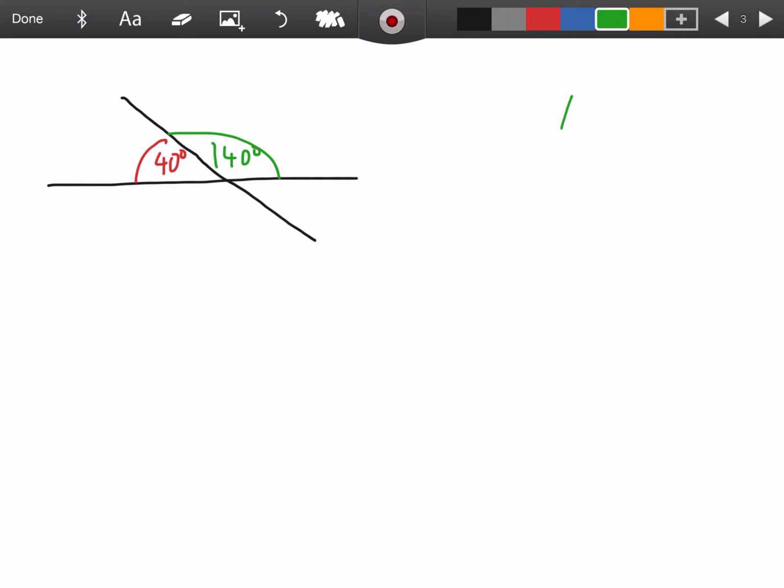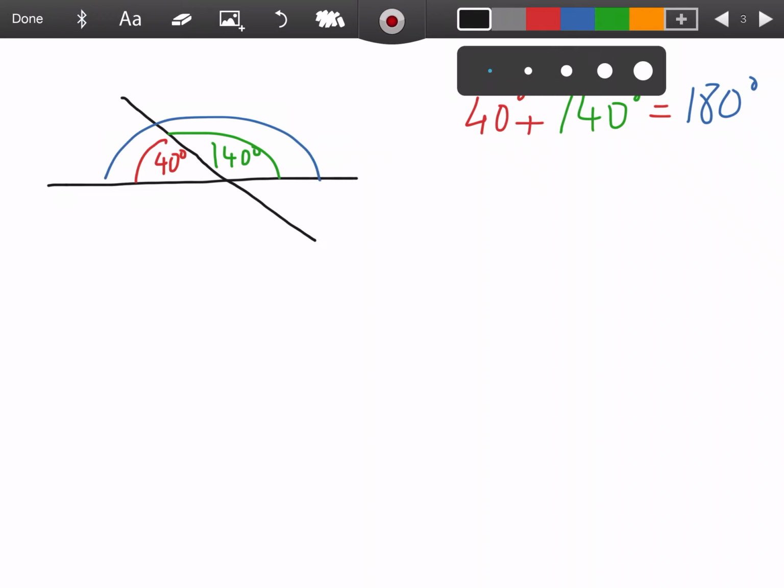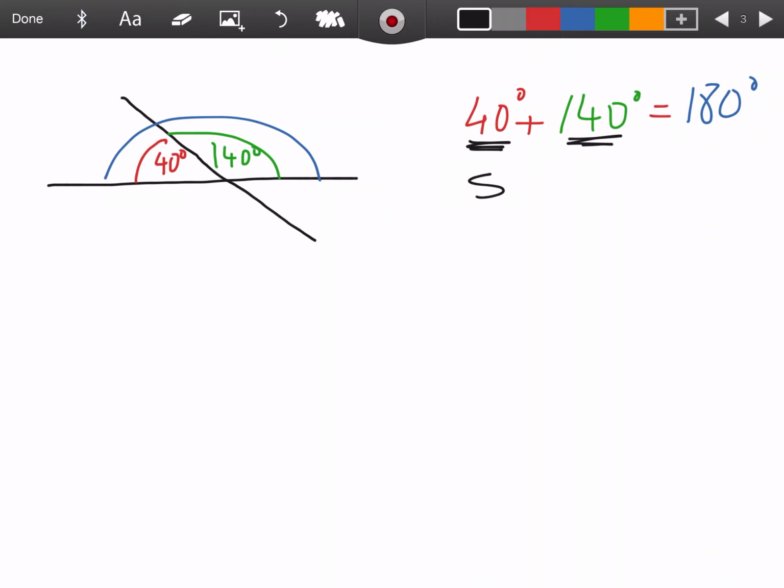And you guys know that 140 plus the red 40 would come together to give us 180 degrees. We would say that they are supplementary if they add together to give us 180 degrees. So that's all there is to it on that.